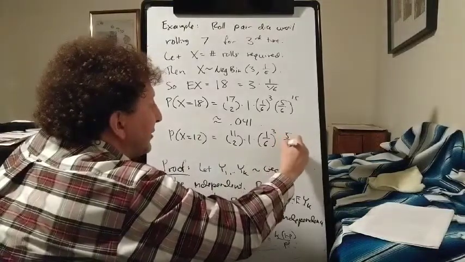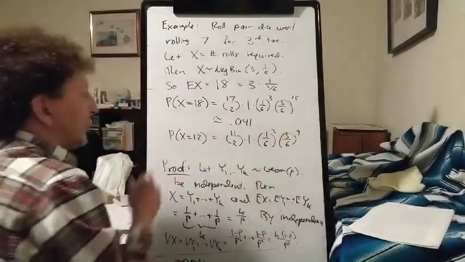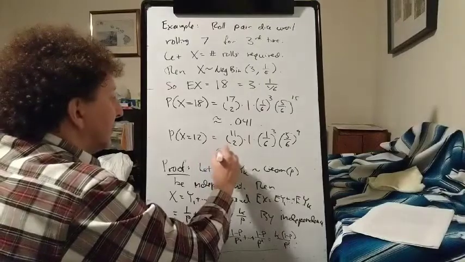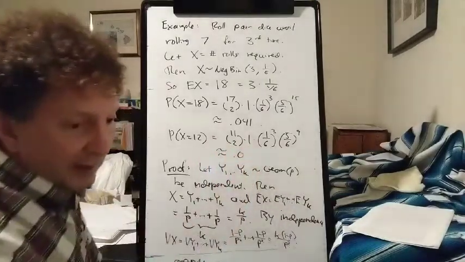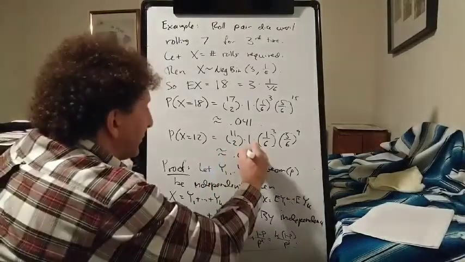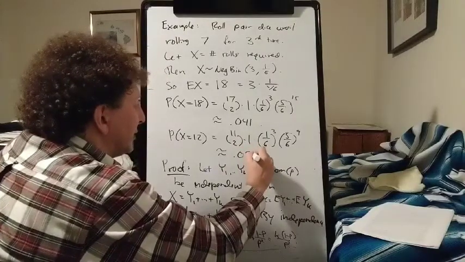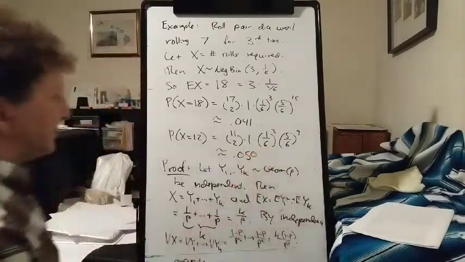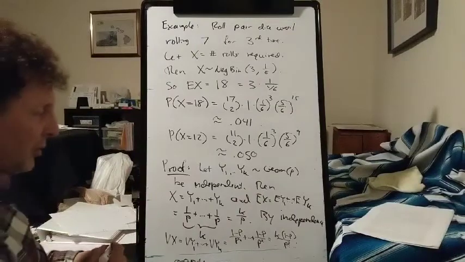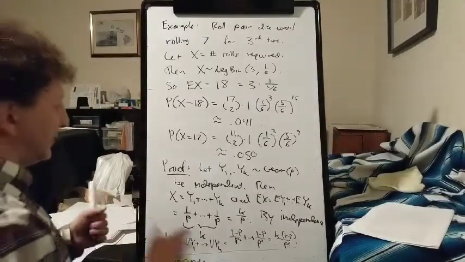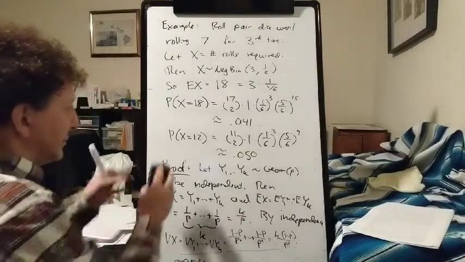And then how many failures? I guess 9 failures for a total of 12 rolls. So I plugged this into a calculator and I got 0.05. So it's even bigger. But still really small. 5% seems like a small probability.